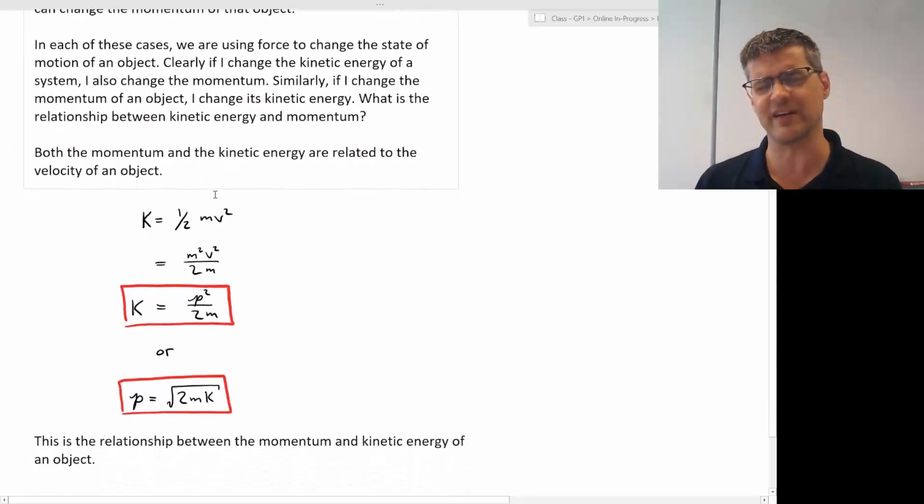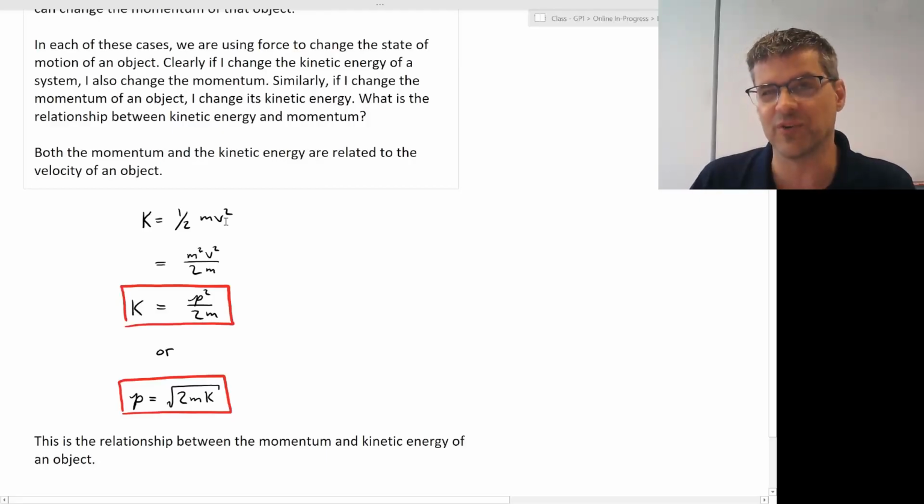So let's say we were to take our more trusted form of kinetic energy, 1/2 mv squared. There's nothing that says that we can't multiply this by a fancy form of 1, mass divided by mass. That's what goes on in this next line. So I multiplied the top by mass, I multiplied the bottom by mass. I'm just multiplying by a fancy form of 1. That's it. But what we now have on the top of this expression is the momentum of the object squared.